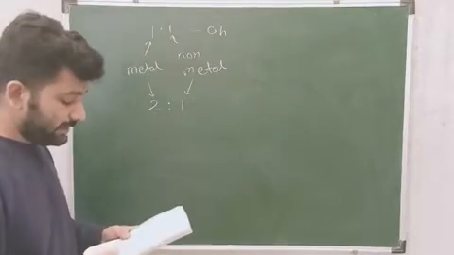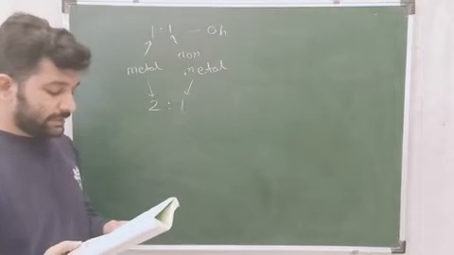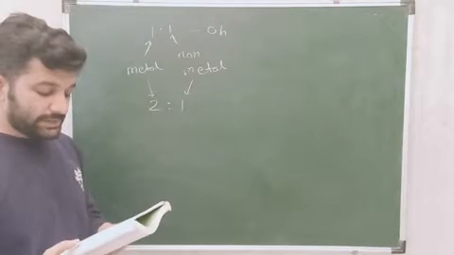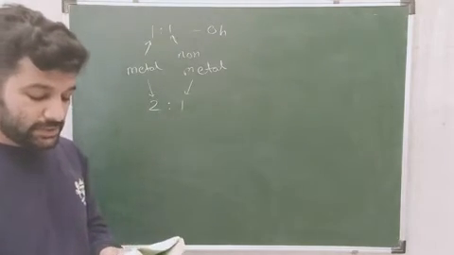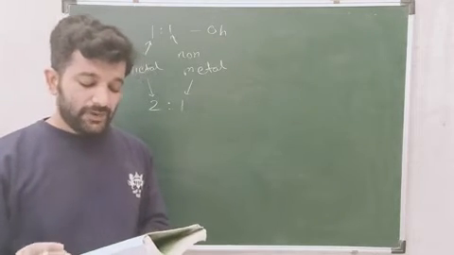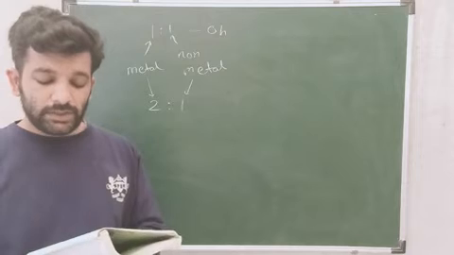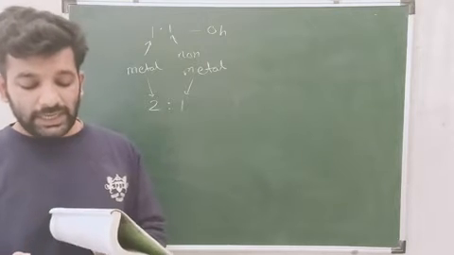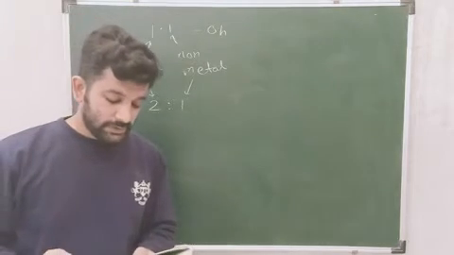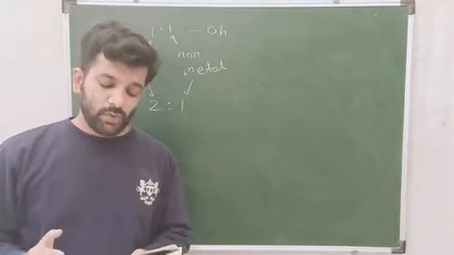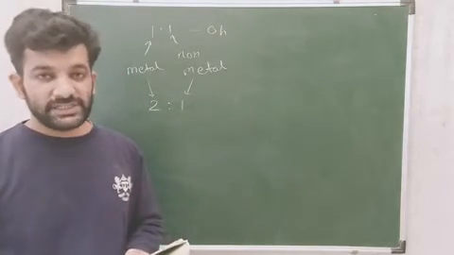Directly we will move to an example which will help you understand. Zinc sulfide crystallizes with zinc ions occupying half of the tetrahedral holes in a closest packed array of sulfide ions. What is the formula of zinc sulfide?